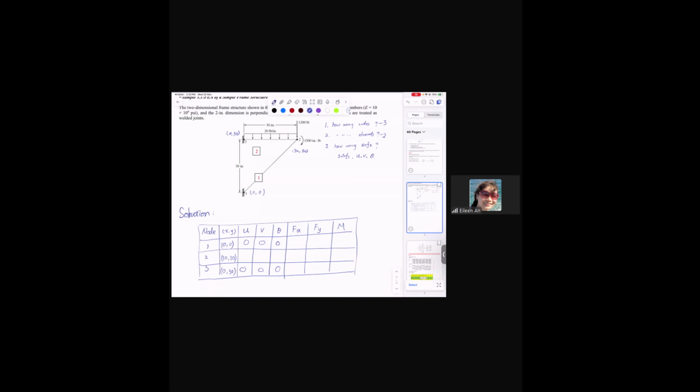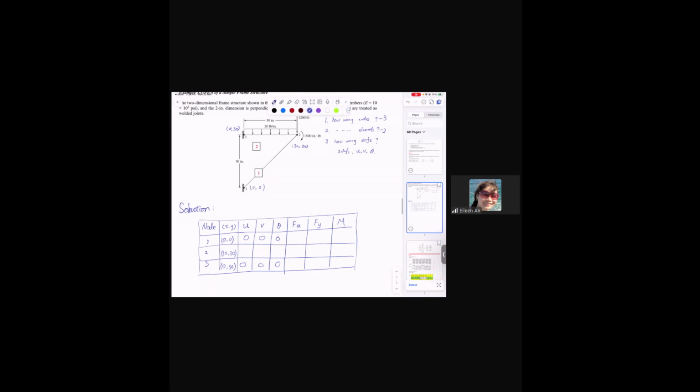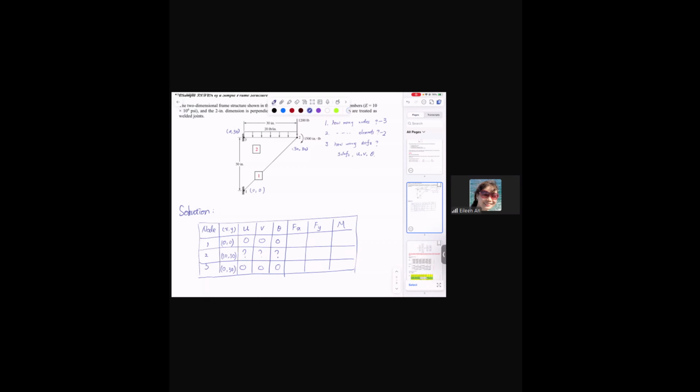Okay, so can you tell me the displacement of the unknown node? They are all unknown, right? Okay, now let's have a look at those forces. Do we know the force and moment applied at node 1?